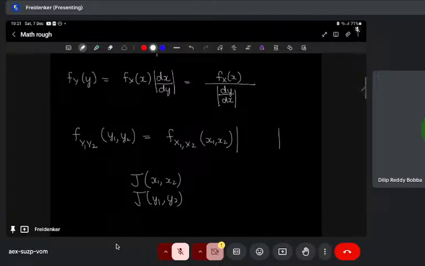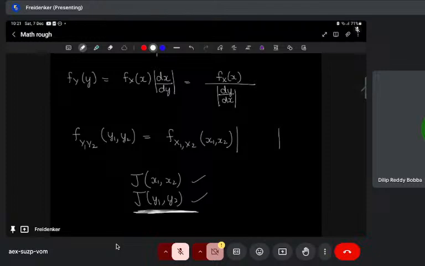If you notice here in the one dimensional case, dy is in the denominator. Denominator in the sense we are differentiating with respect to y. So in these two Jacobians, which is the Jacobian that is differentiating with respect to y? It is this one, because we've just seen Jacobian y1 y2 means we're differentiating with respect to y1 and y2.